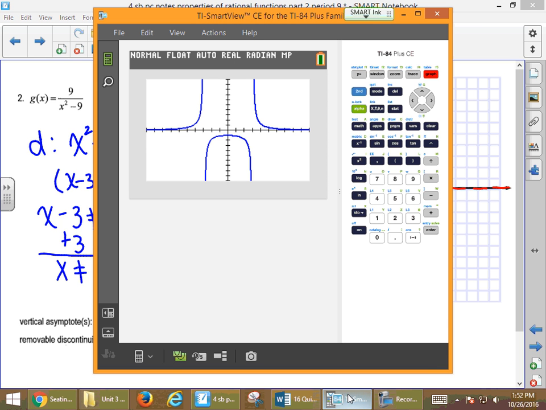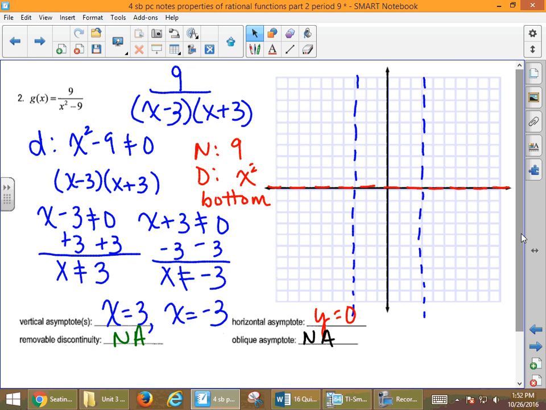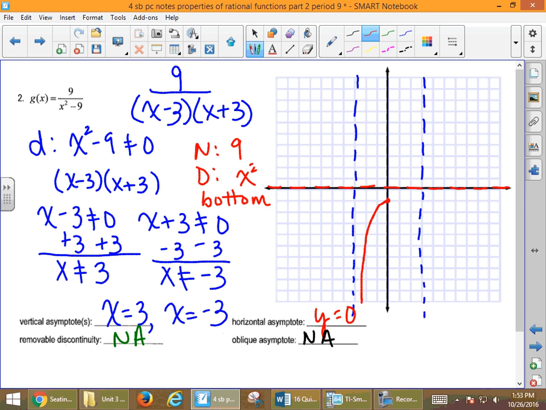The one thing that I noticed right away is that it looks like I have a y-intercept at 0, 1. And as we scroll through here, sure enough, 0, 1. So we've got a part of our function here.